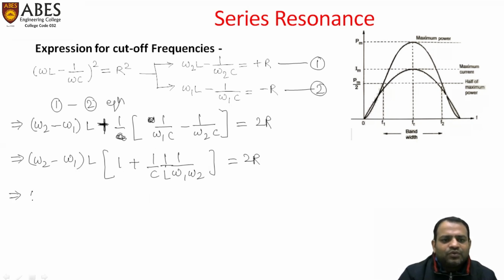So omega 2 minus omega 1 into L is equal to 1 plus 1. This is equal to 1.